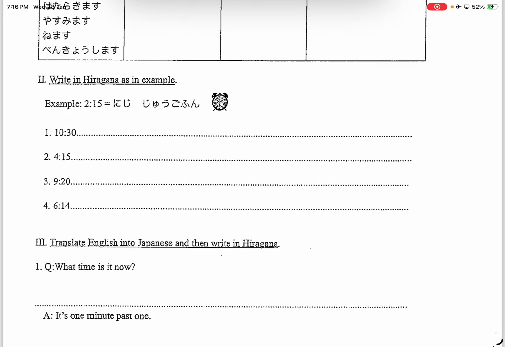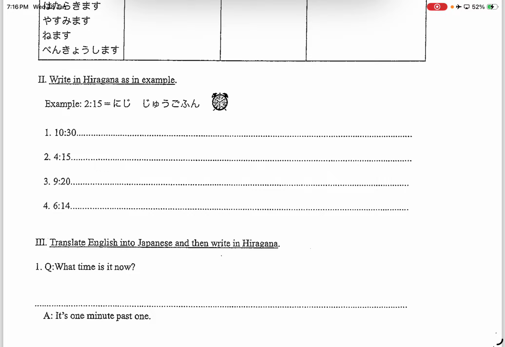P-U-N. Number 2, 4:15. Very nice. He didn't fall for the number 4. So yoji, not yonji. Please take note, if you write yonji, it's wrong. Yoji, 15分.